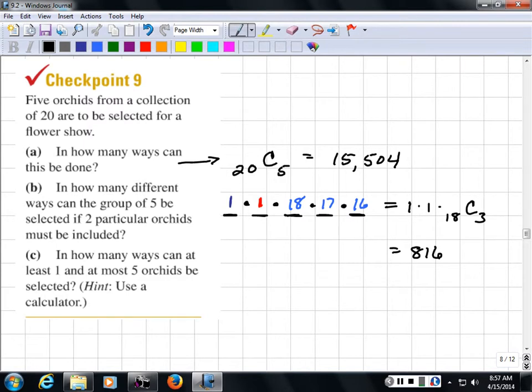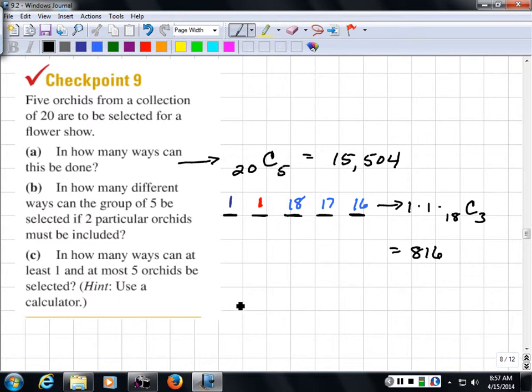I've sliced out 2 effectively, so I've dropped my pool from 20 to 18, and now I'm only choosing 3. So I'm not actually doing a multiplication per se, because 18 factorial would be 18 times 17 times 16 times 15 times 14. We're not actually multiplying these.